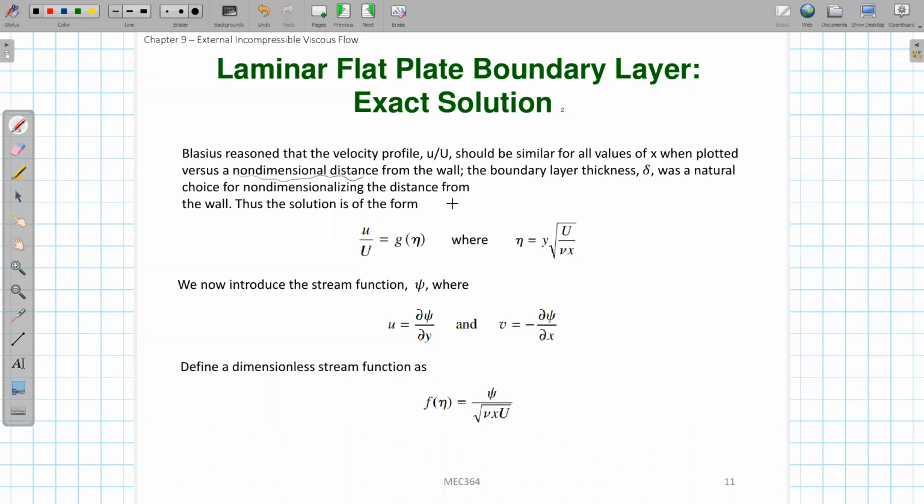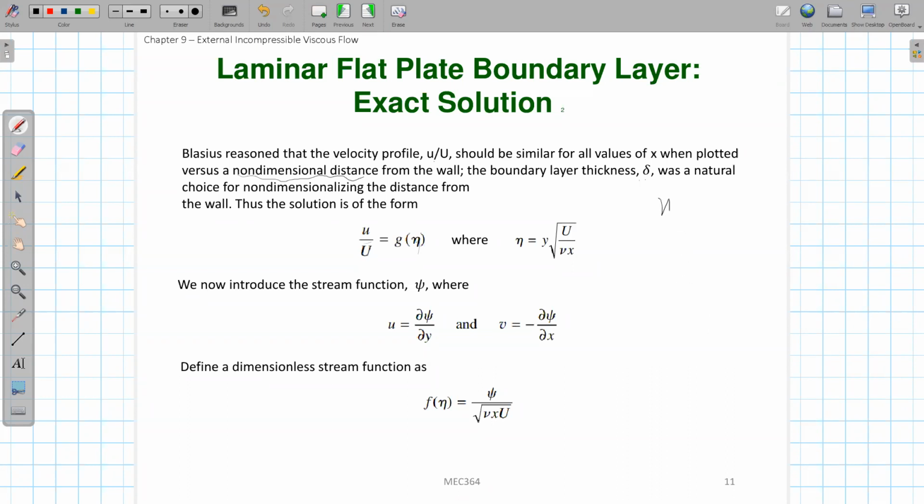In other words, in mathematical terms, we write this similarity as: we assume that this u over large U is only a function g of eta, and this eta is independent of x.